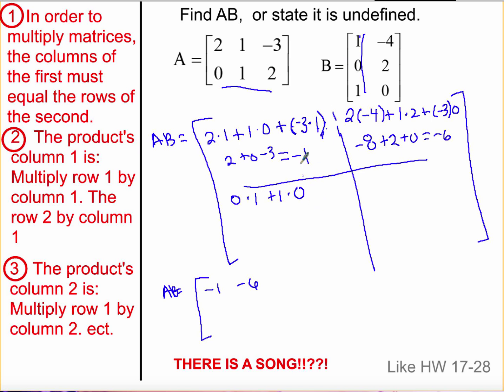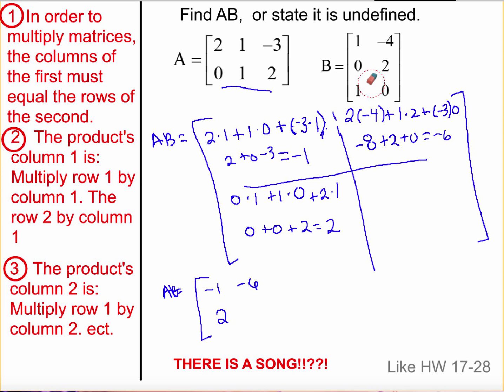Now my third element's 2 times 1. Simplify it out. 0 times 1 is 0. 0 times 1 is also 0. And then 2 times 1 is 2. That gives us 2. I've got my third element. Last one, here we go.